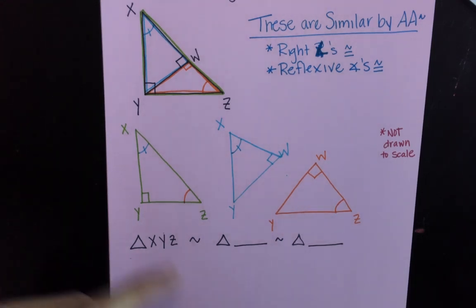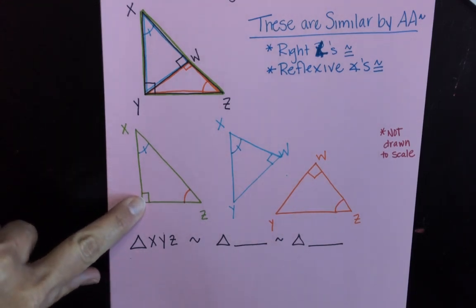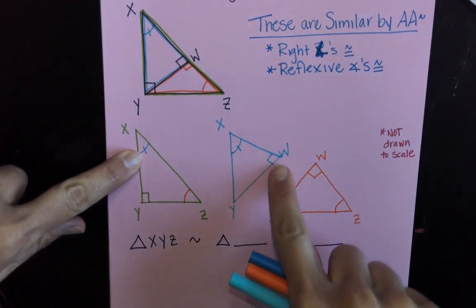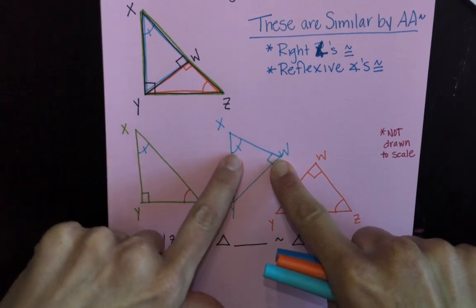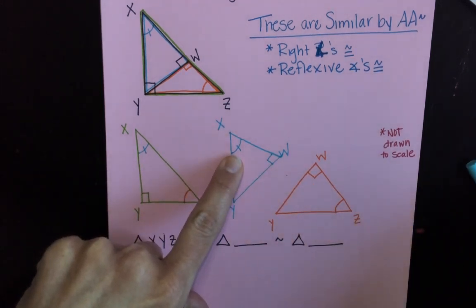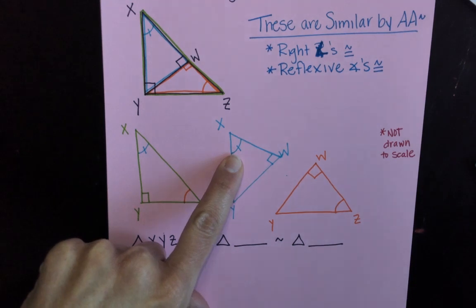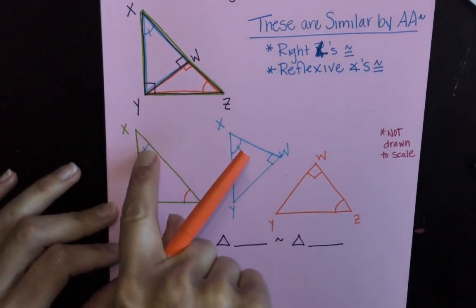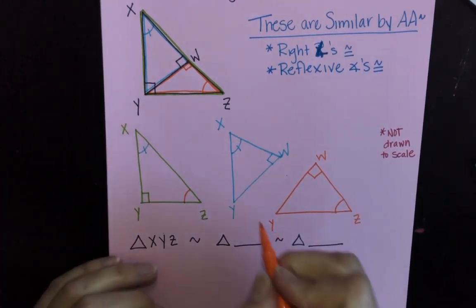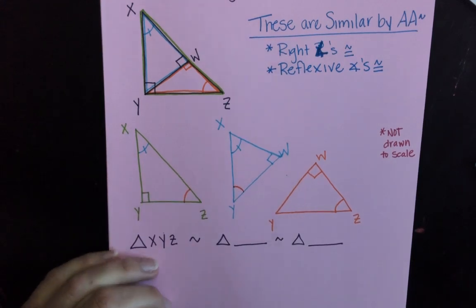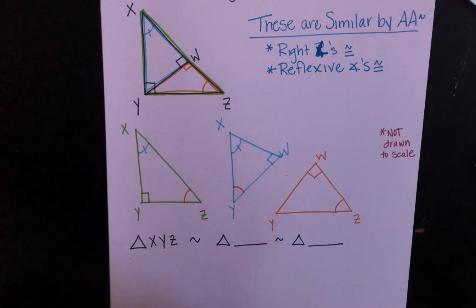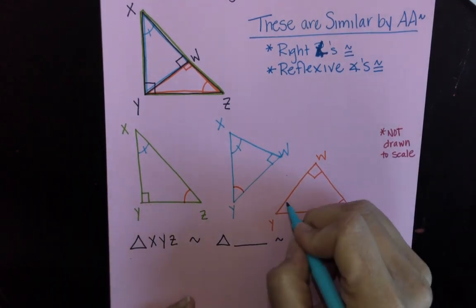Well, that means if I have a right angle and I already have this blue tick mark, and I have a right angle here that matches, the only other measure it could possibly be is that orange tick mark, because the triangle is supposed to add up to 180 degrees. So I know this guy here has to be the same measure, and this guy over here has to be the same measure.